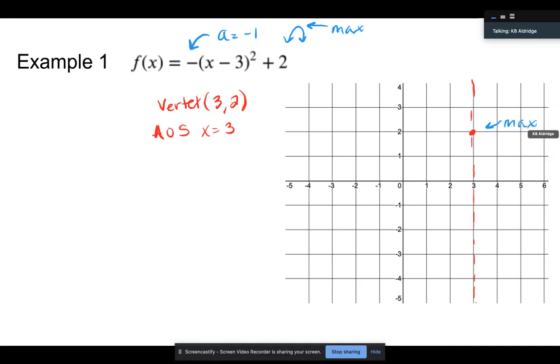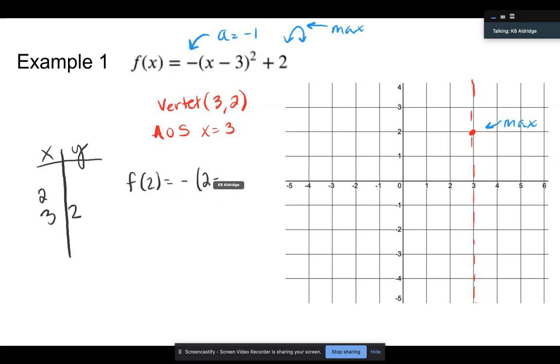Okay, so that's a lot of really good stuff. Now what we need to find are some other points. If in doubt, create a table. We have the point 3, 2. Let's see what happens when x is 2. So when x is 2, we are going to substitute: f of 2 equals negative times the quantity of 2 minus 3 squared plus 2. I substituted a 2 every time I saw an x.